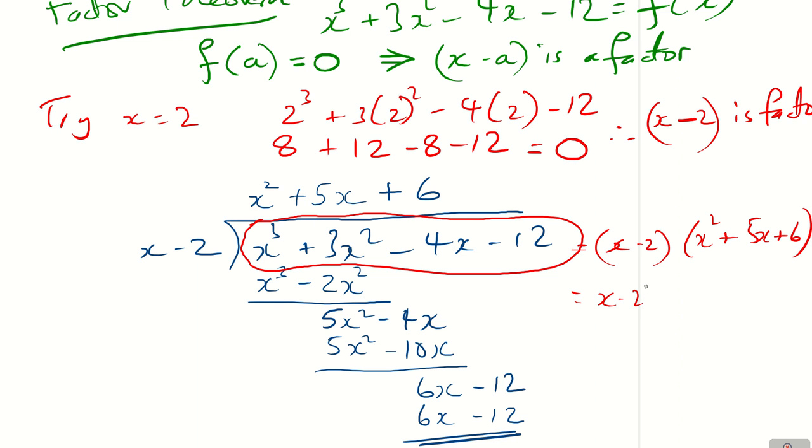However, x squared plus 5x plus 6 I can factorise, because I just get two x's. Two numbers that times to give us 6 and that add to give us 5 is obviously plus 2 and plus 3. So I've factorised the numerator of our fraction. Notice that I could have done that by using the factor theorem again, plugging in the numbers minus 2 and minus 3 into my expression, and I should have got 0 for both of them. So that would have been another way to do it.